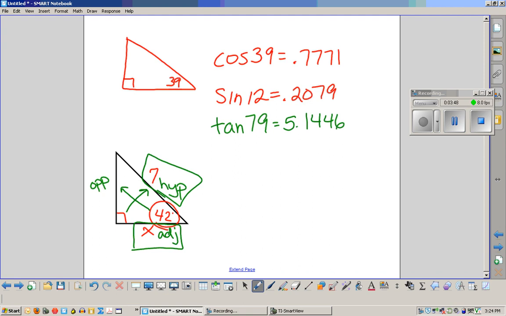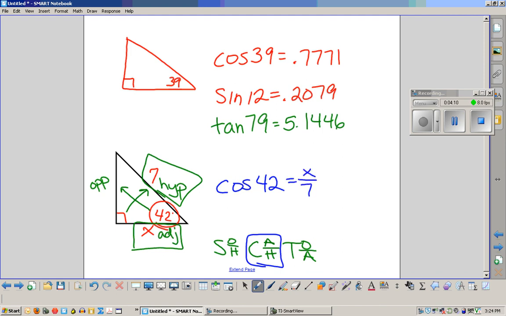And let's remember SOH CAH TOA. If we have hypotenuse and we want to find the adjacent, which ratio are we going to use? That's right, cosine. Okay, so we're going to do the cosine of the angle. It's always with respect to the angle. Equals adjacent, which is x, over hypotenuse of 7.